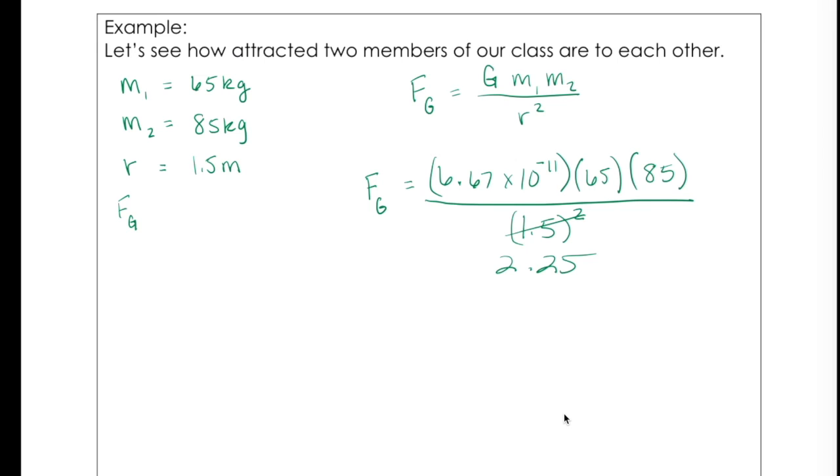Just for ease, I'm going to convert the values that we have for the two masses and the radius into scientific notation, to help with explaining how to multiply and divide by scientific notation.